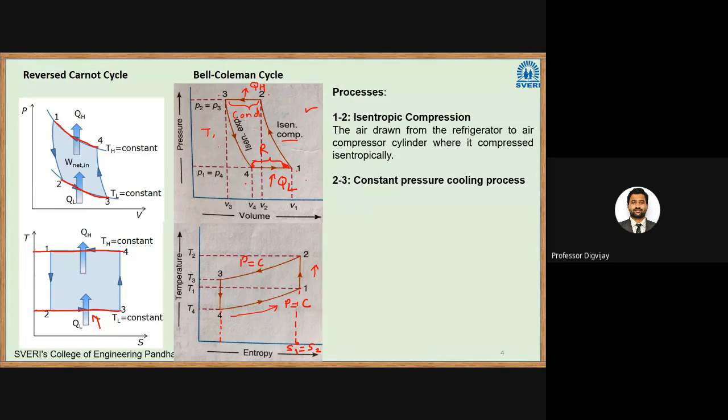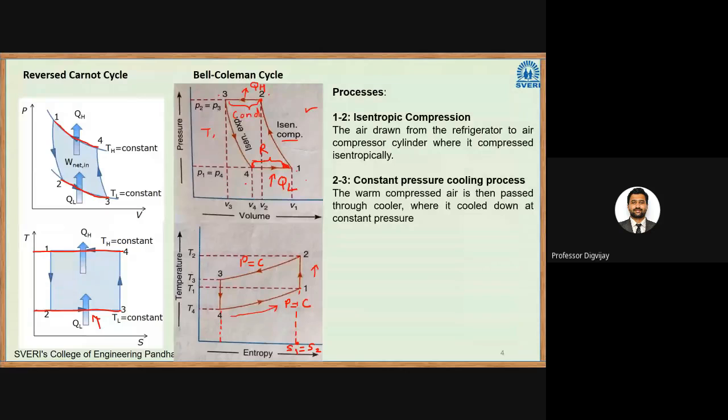Now the next process is the constant pressure cooling process, that is 2 to 3. In general, when you compress the air, its temperature increases because its pressure increases. So as the pressure increases, the temperature of the air also increases. At the exit of the compressor, at point 2, we have very hot, high temperature and high pressure air.